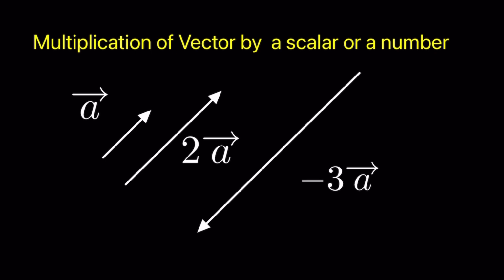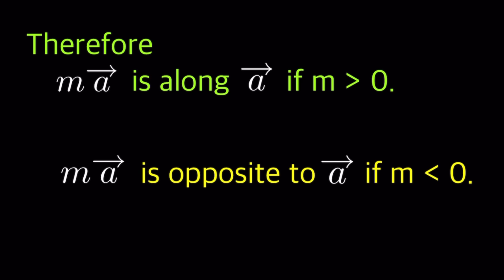Minus 3A is anti-parallel to A, but its magnitude has been tripled. So if I multiply a vector by a positive quantity, it will be along the actual vector. And if I multiply a vector by a negative scalar, then the new vector will be opposite to the original vector.